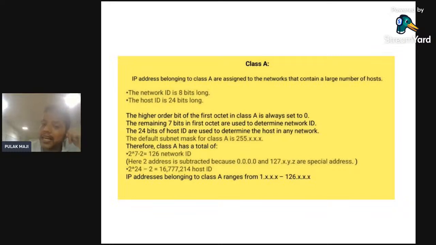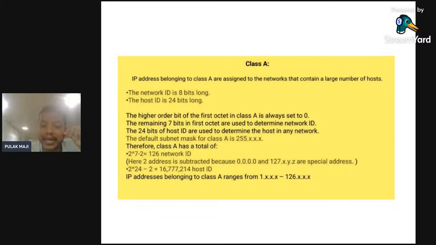The format is a.b.c.d, which means this is the IP address. Now, slash n. This slash n is very, very important because it represents the mask, or the number of network bits of this IP address.